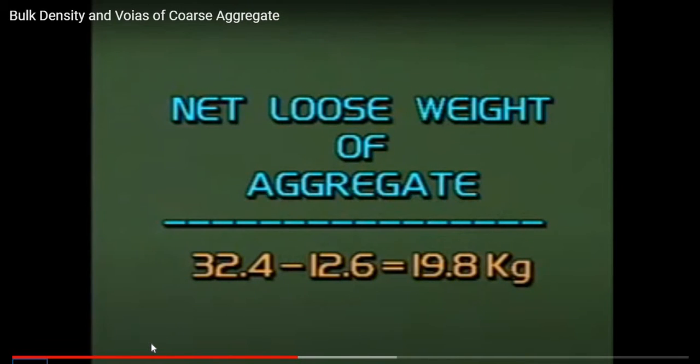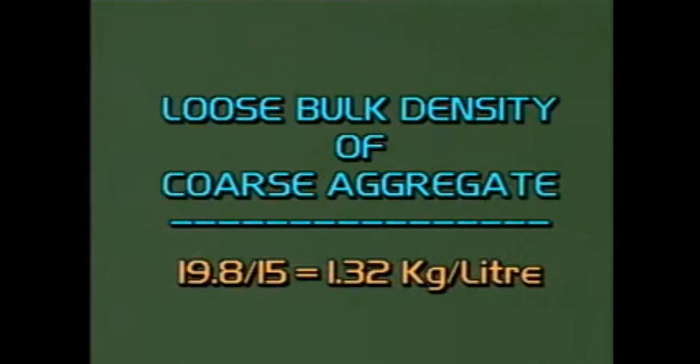The loose bulk density of coarse aggregate can be calculated as 19.8 kilograms divided by 15 liters, which is equal to 1.32 kilogram per liter.